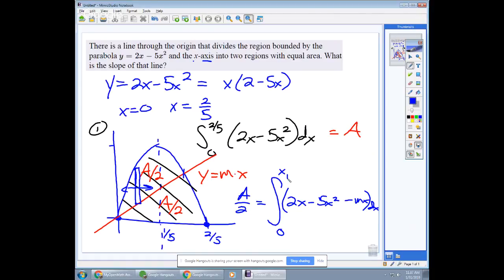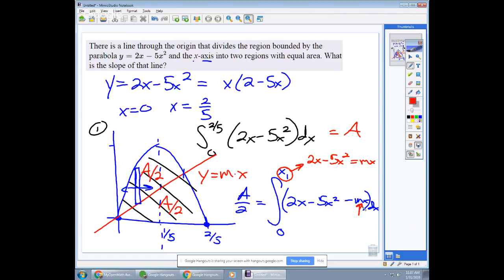So to get this number x1, you would say, where do 2x minus 5x squared and mx meet? You can solve for x, but you get an m stuck in there. So what you end up with is an m as an ending boundary.